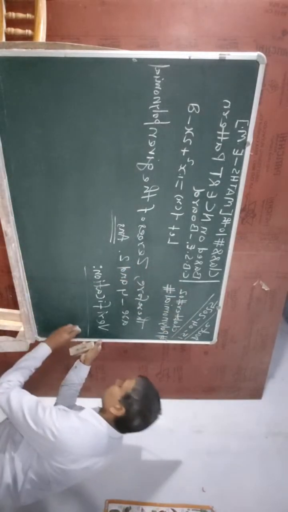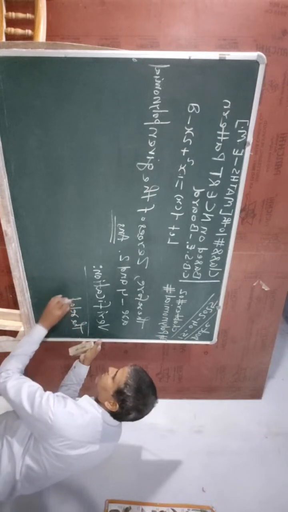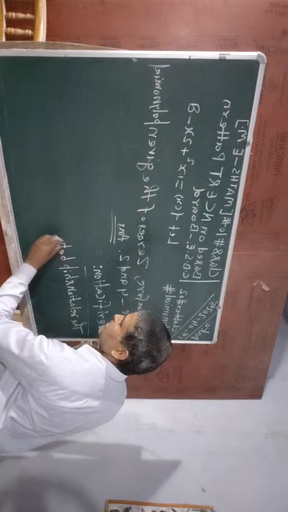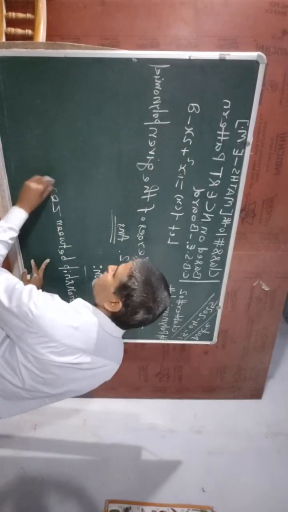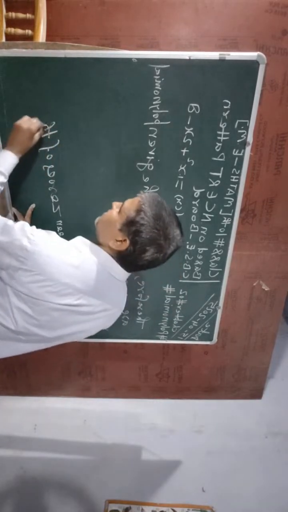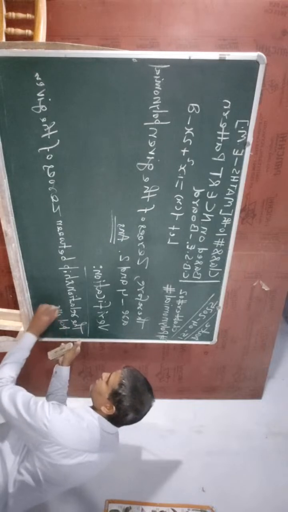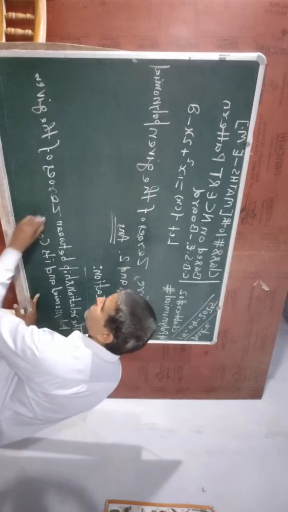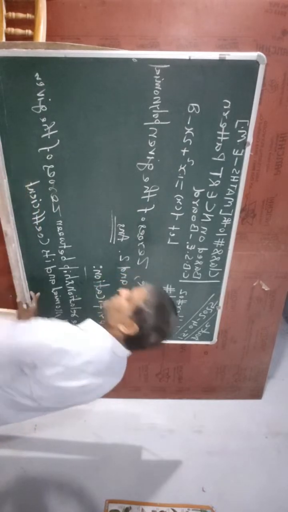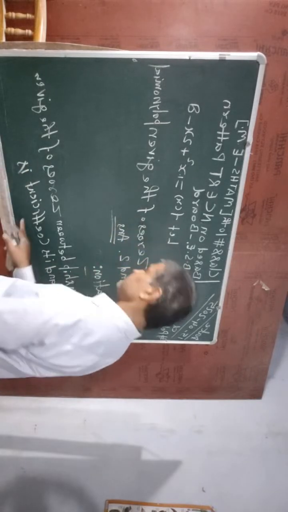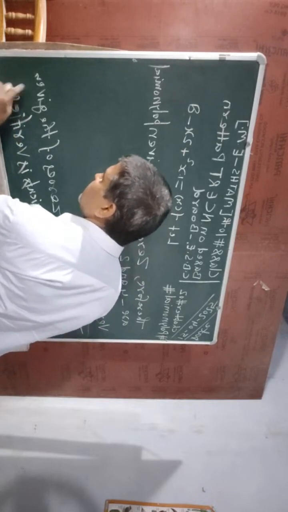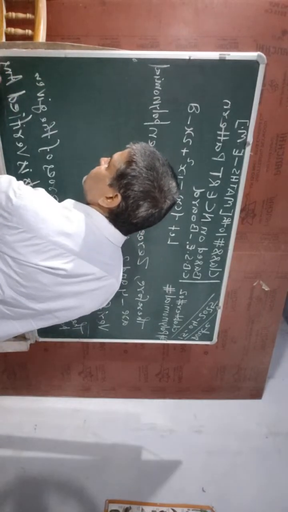I am going to write: the relationship between zeros of the given polynomial and its coefficients is verified. This is the answer number 2.